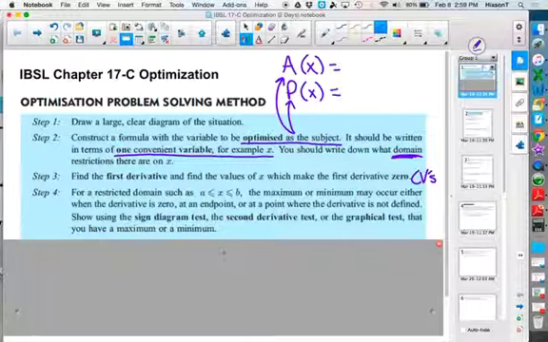The max or the min for any problem is going to occur either at one of these critical values or at an endpoint. And what are we talking about with the endpoint? The endpoint could be the end of where our domain is restricted to.